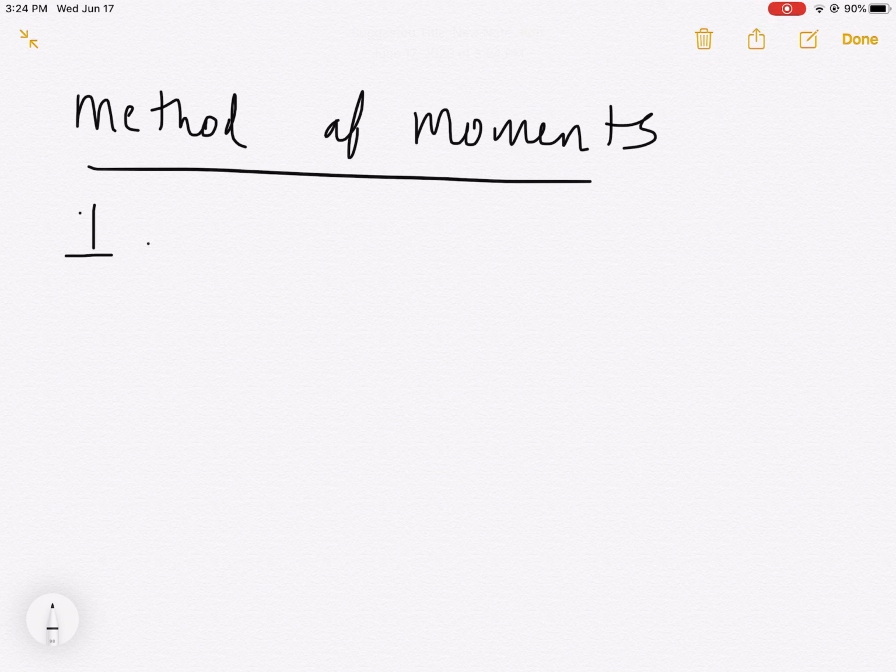So the first step is to let x1 through xn be data.